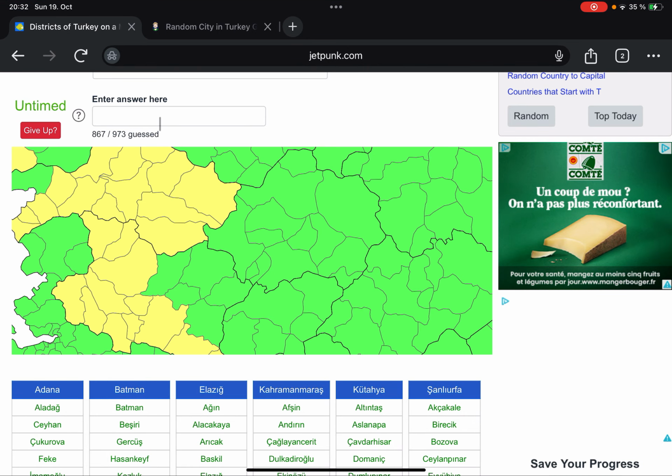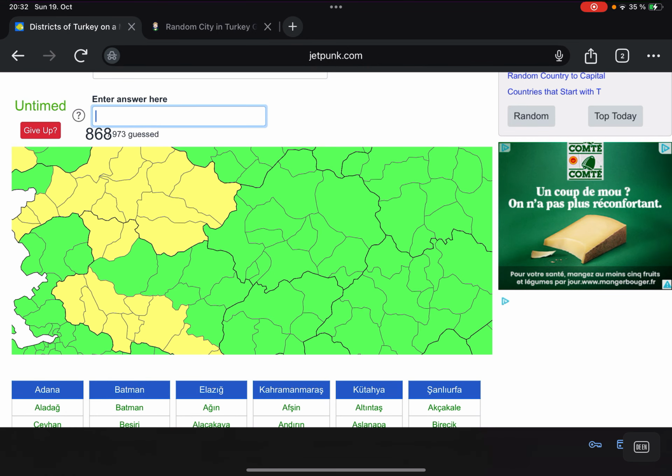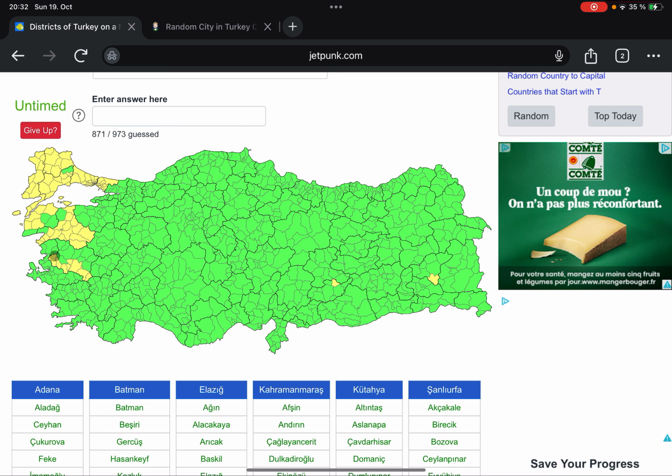We have Akhisar, Kırkağaç, meaning 40 trees, I think. Soma, what is it? Saruhanlı, did I say the name of the province? I don't know if I did.